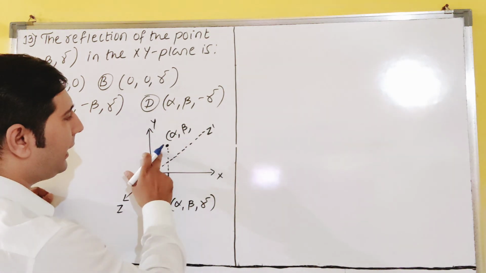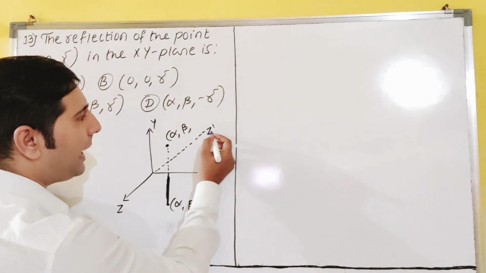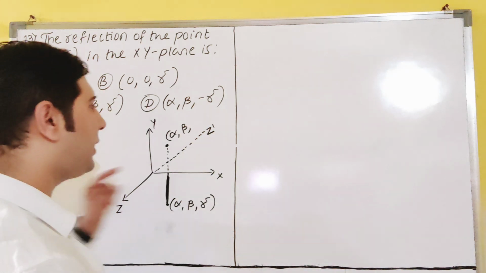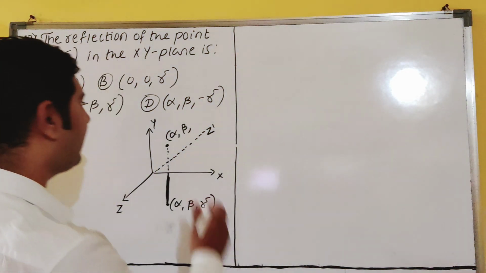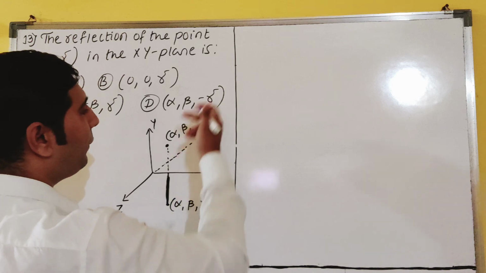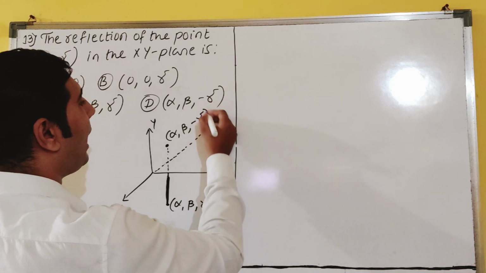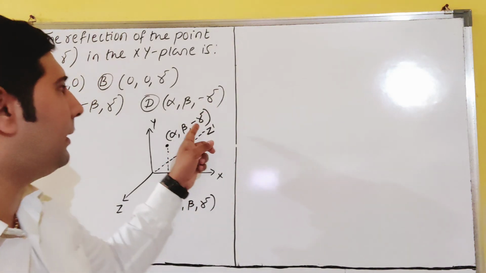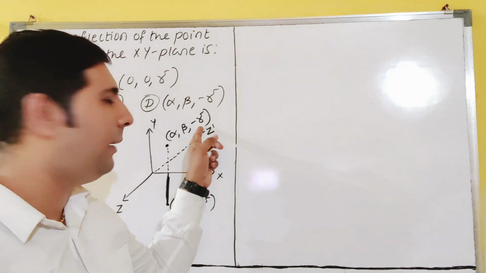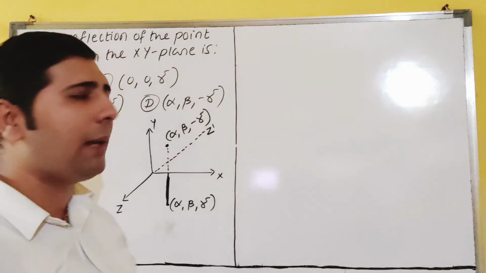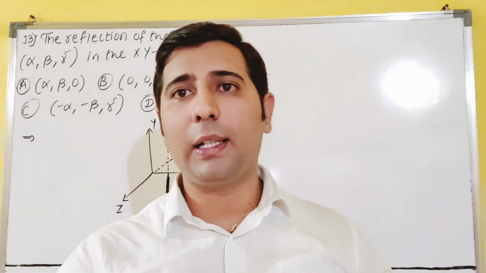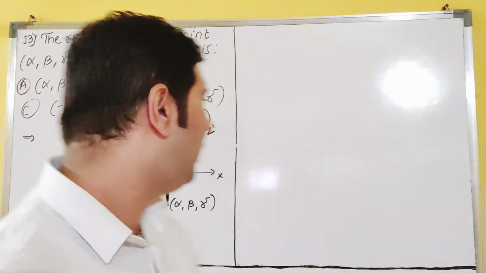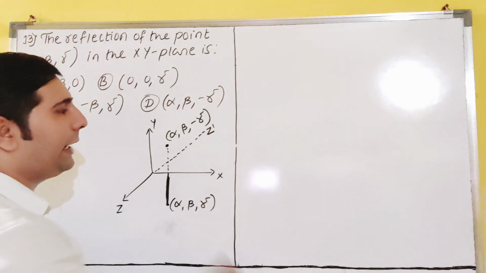Can you see here in this plane z is negative, z dash, is there or not? So that's why its reflection will become minus gamma, dear students. Why has gamma become minus gamma? Because here z is negative, dear students.